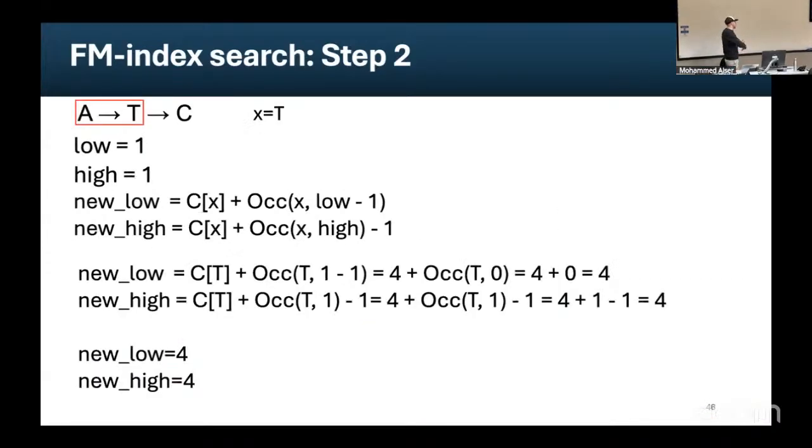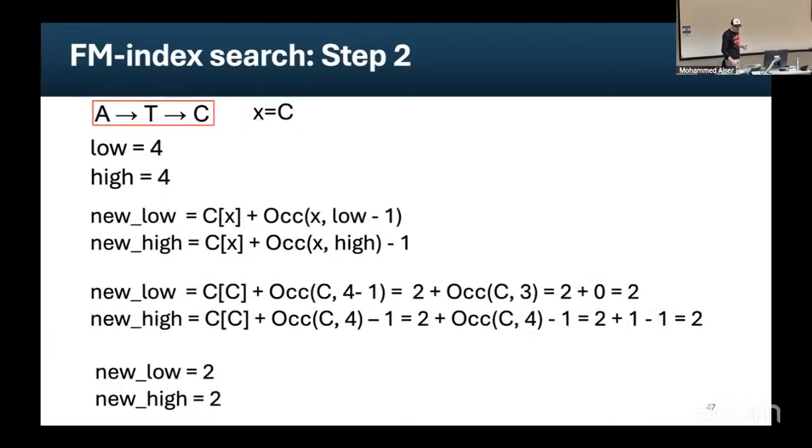I will not explain the calculations here, but the important point is that every step is based on whatever low and high we got in the previous step. So we now process AT, these two letters, and get the new low and new high. Then we move to the third character, processing ATC, compute the new low and new high in the same way, and get the interval 2 and 2.